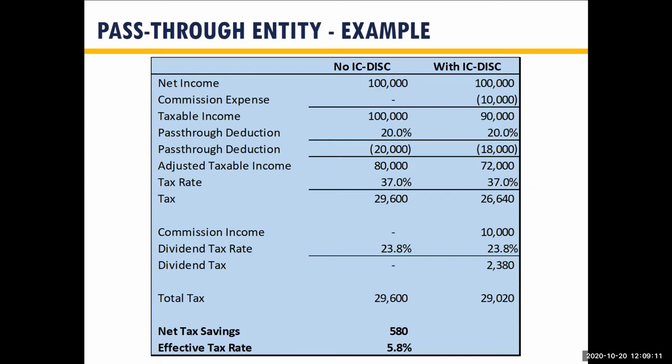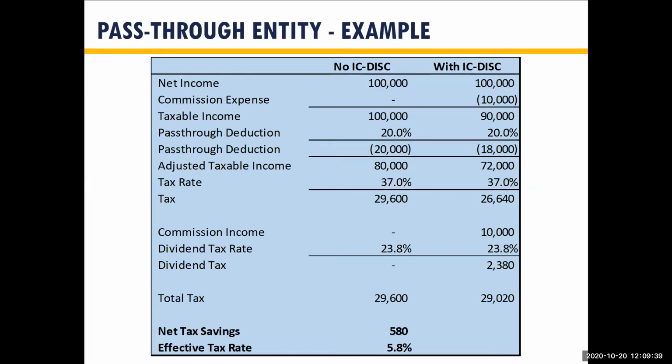We get the full 199A deduction of 20%, so our adjusted taxable income is $80,000. We're assuming, again, the highest marginal rate, 37% for an individual taxpayer. So they would pay income tax of $29,600 on that $100,000 of income.